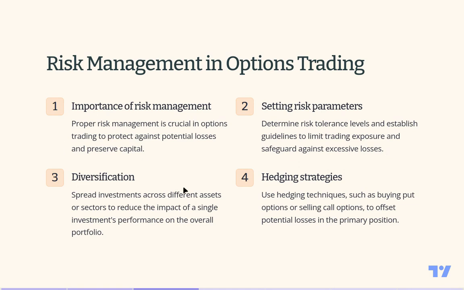Number three, diversification. Spread investments across different assets or sectors to reduce the impact of a single loss. Let me break this point down. You need to develop a strategy that allows you to trade whether the market goes up or down.